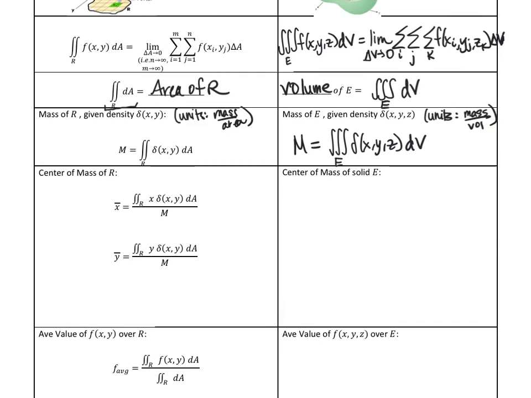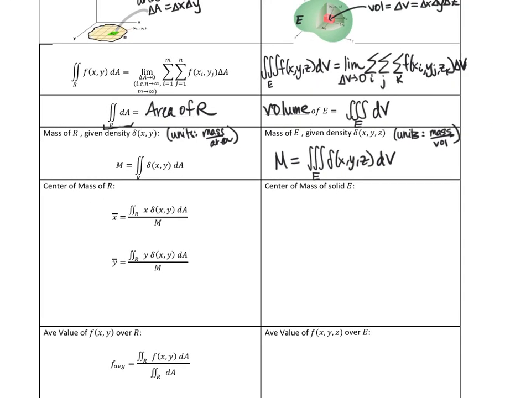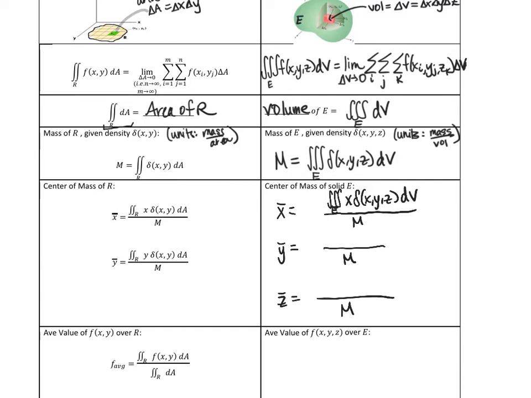And similarly, this means we can get analogs for center of mass. Instead of just x bar and y bar, we're now going to have x bar, y bar, and z bar. And so you can guess this is going to look very similar to what we did with double integrals. My denominator is still going to be dividing by the mass. Now my numerator is going to be a triple integral over the region, and I'm still going to have the same integrand, dV.